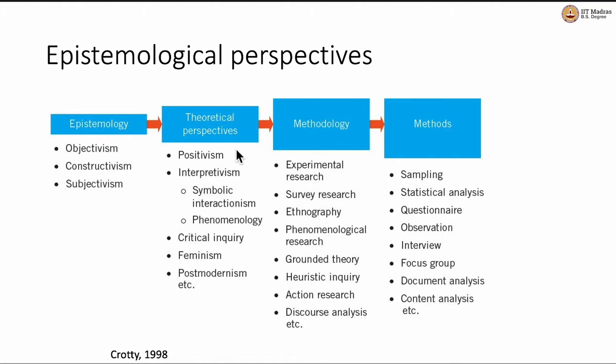Underneath the theoretical perspective, we go further to the methodology. There are many types of methodology, related to experimental, survey, ethnography, phenomenological research, grounded theory, heuristic inquiry, action research, and discourse analysis.